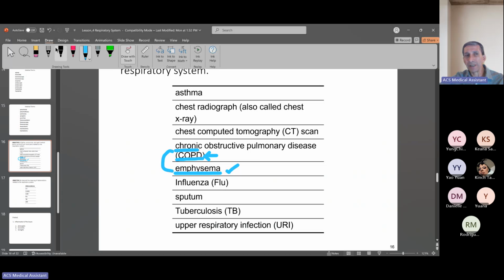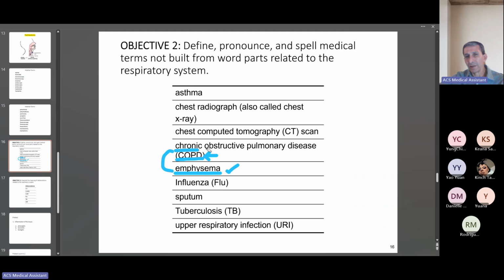But emphysema mostly is damage to the lungs, and it is irreversible, meaning you have it, you damage it, that's it. There is no cure for that. The only treatment is prevention. What is prevention? Do not smoke. If you are exposed to fumes, chemicals, like working in a coal mine or gold mine, then for long periods of time, you can develop COPD as well, maybe cancer of the lungs.